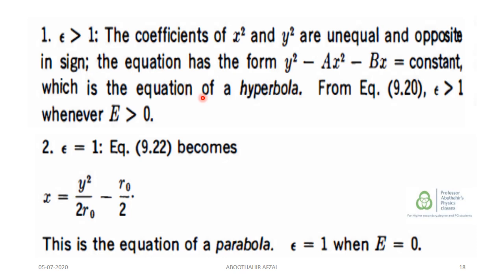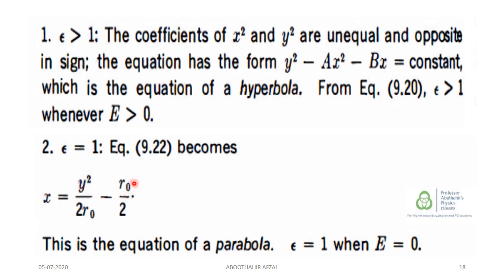In the second case, if epsilon is equal to 1, in that case E is equal to 0, and that will become a parabola where the equation y square is equal to bx, and that means x is equal to y square by 2r0 minus r0 by 2. Since r0 is constant, x is proportional to y square. This is a parabola.